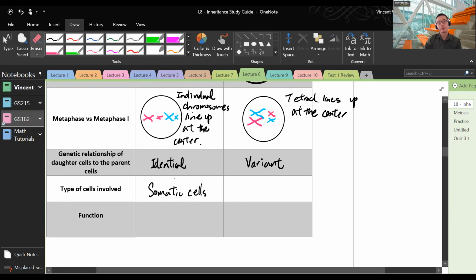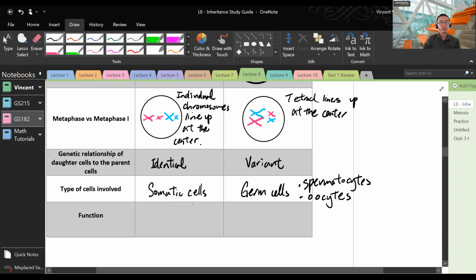Most cells in the body are capable of doing mitosis, except for brain cells, heart cells, some of the oddballs there, but most cells can divide using mitosis. And this is germ cells, spermatocyte in male, and oocyte in female.